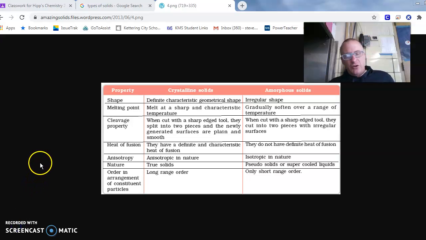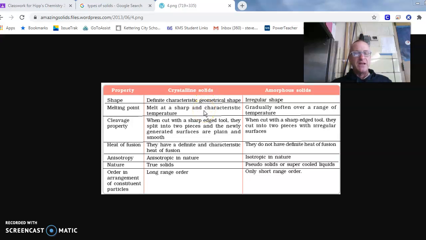One commonly used classification of solids is whether the solid is considered a crystalline solid or an amorphous solid. Crystalline solids are very common and ones that most people identify as being solids. Their shape is definite and they have a geometrical shape to them. In other words, it is a regularly shaped object.